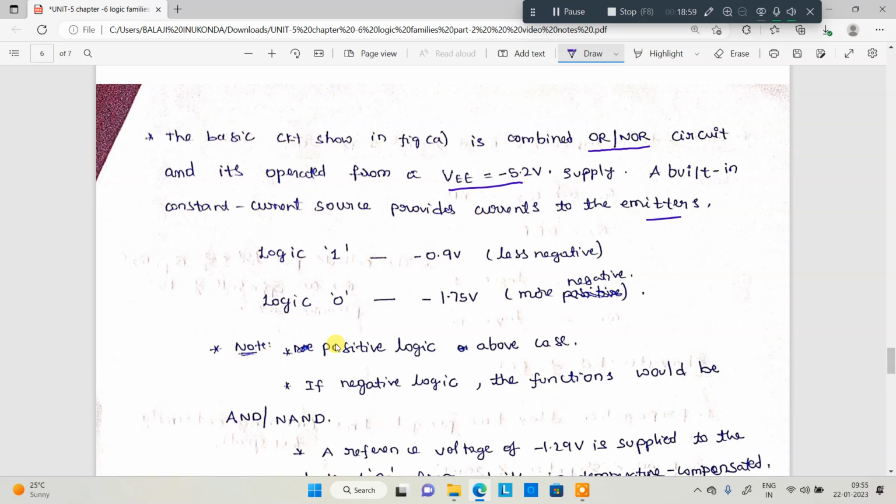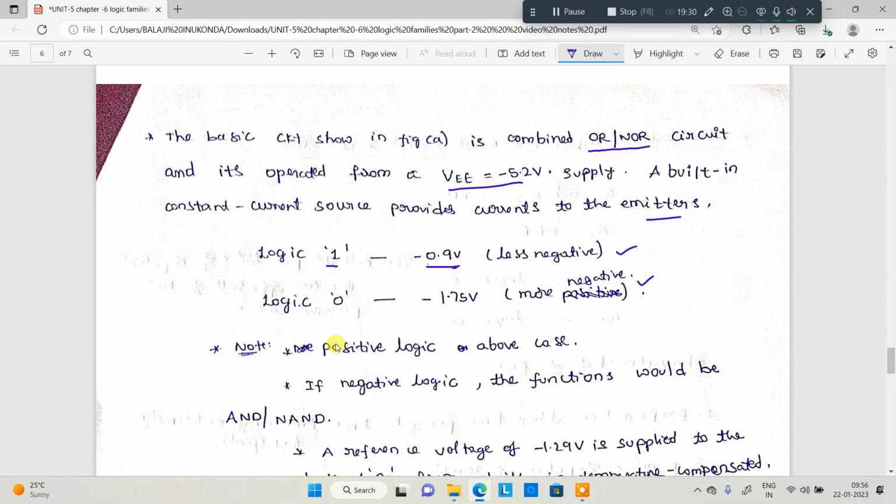Here are the points you need to remember. Logic 1 is minus 0.9 volt, which is less negative. We are using positive logic only. Logic 0 is minus 1.75 volt, which is more negative. That means minus 0.9 is less negative and minus 1.75 is more negative.